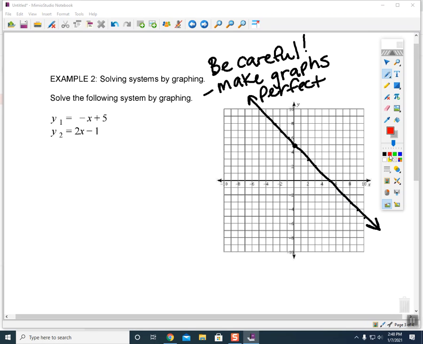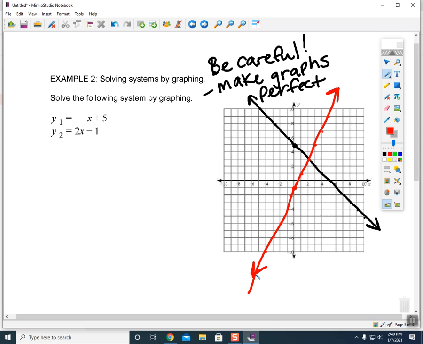Second line, y equals 2x minus 1. That means that my y-intercept is down here at negative 1. My slope is 2, so I'm going to go up 2 over 1. Up 2 over 1. Up 2 over 1. Something like that.